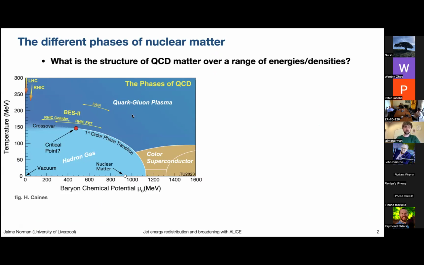We can do this by trying to map out the phase diagram of nuclear matter, which I show here as a function of the baryon chemical potential or the baryon density and the temperature of nuclear matter. At cold temperatures, we have nuclear matter as it exists around us. As we start to heat up nuclear matter, it can break up and form a hadron gas.